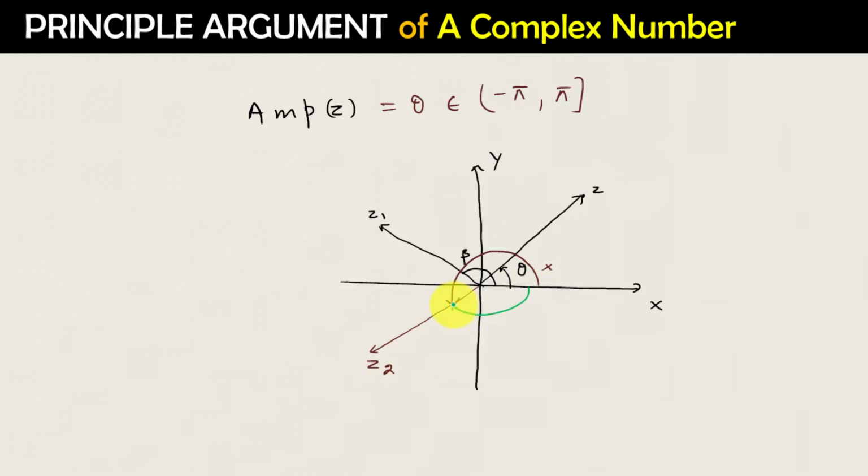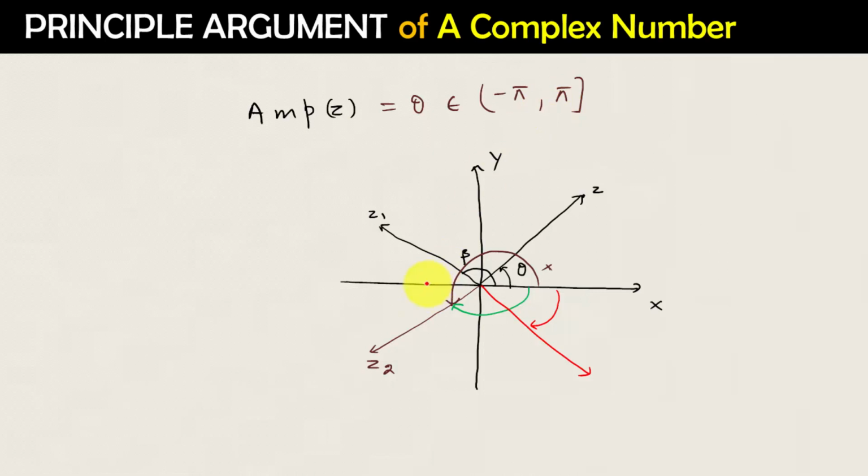Then we have to measure the principal argument for this complex number in this way. Let's have another complex number in this quadrant. Then can we measure principal argument in this way? No. And we have to measure the principal argument in this way. So amplitude of complex number z is in between minus pi to pi.